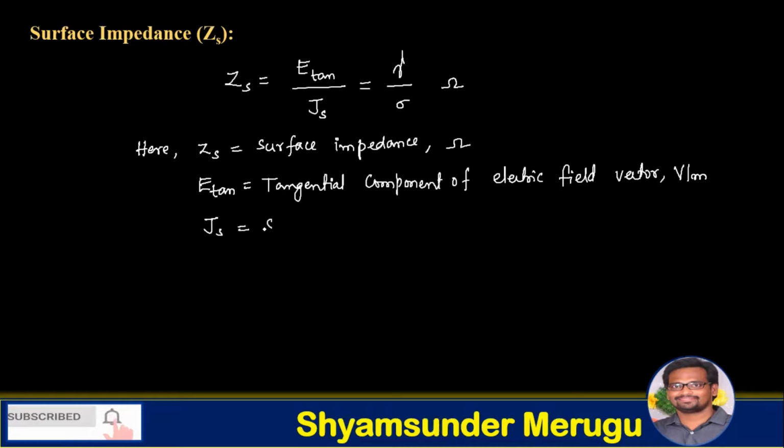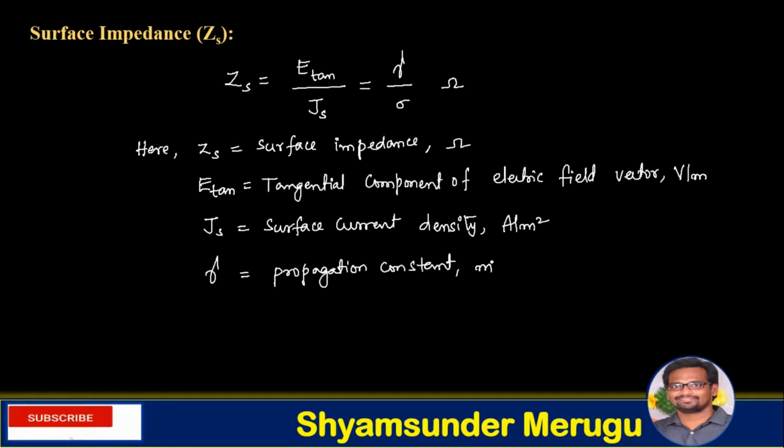Js is the surface current density, the units are ampere per meter square. Gamma is the propagation constant, the units are meter inverse. Sigma is the conductivity, units are Siemens per meter.